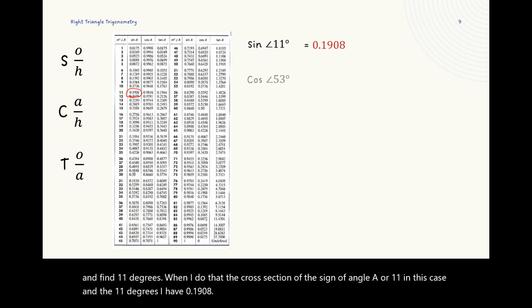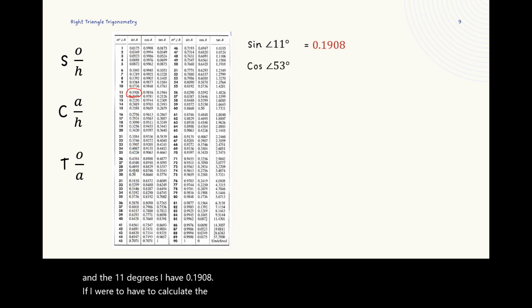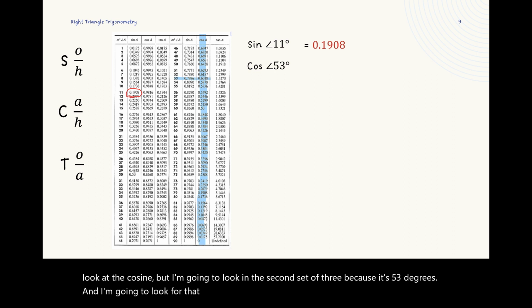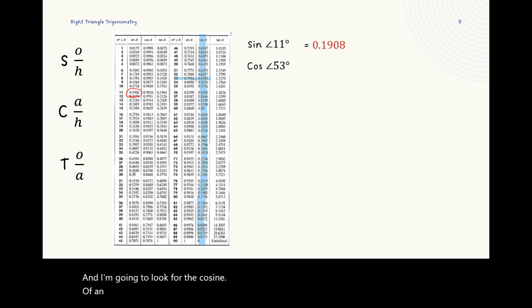If I were to calculate the cosine of 53 degrees, I'm going to look at the cosine, but I'm going to look in the second set of 3 because it's 53 degrees. I'm going to find that intersection, and that is the cosine of 53 degrees.